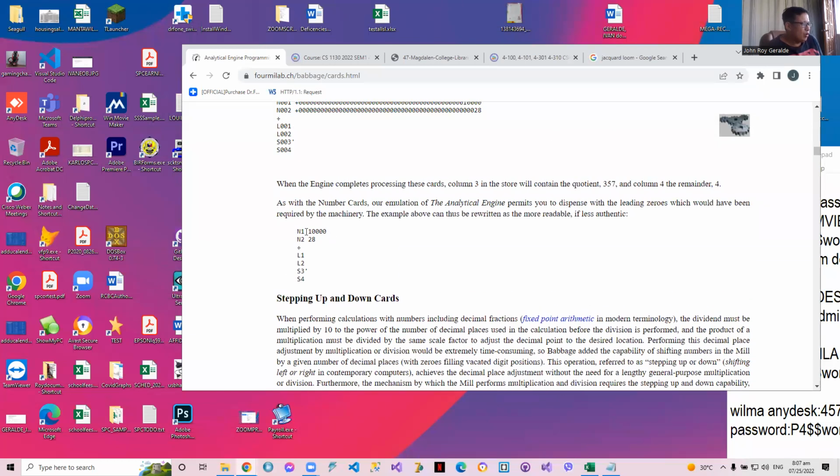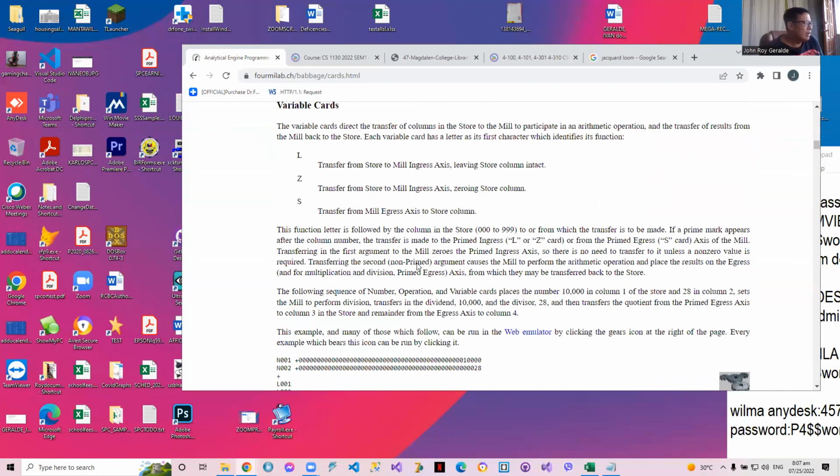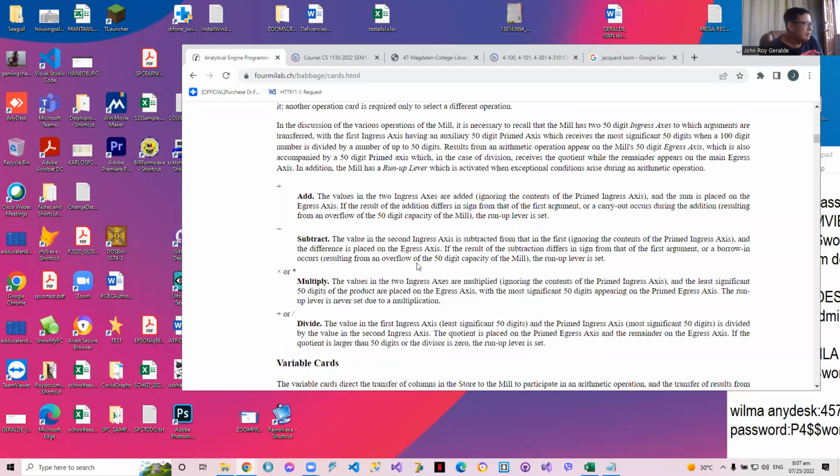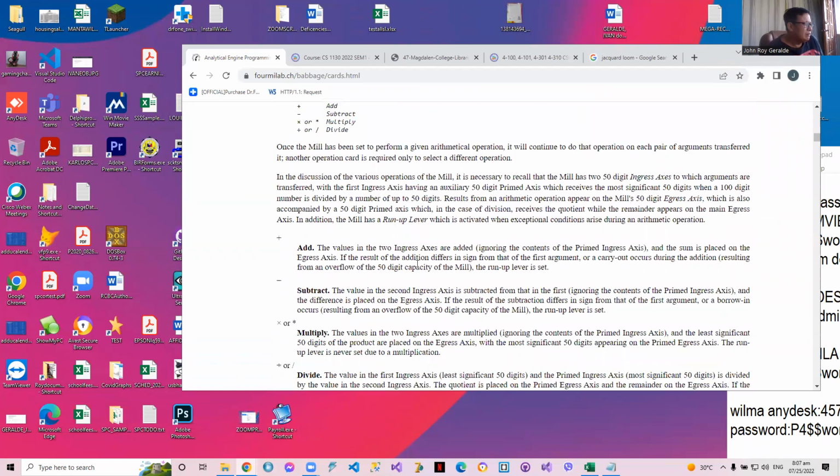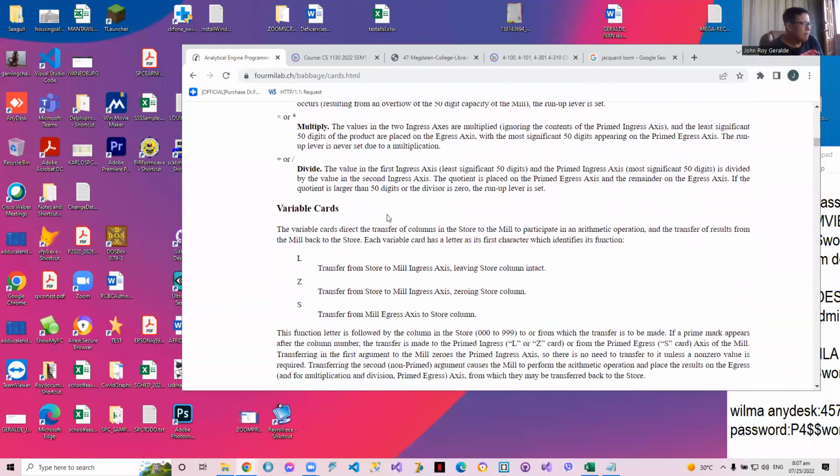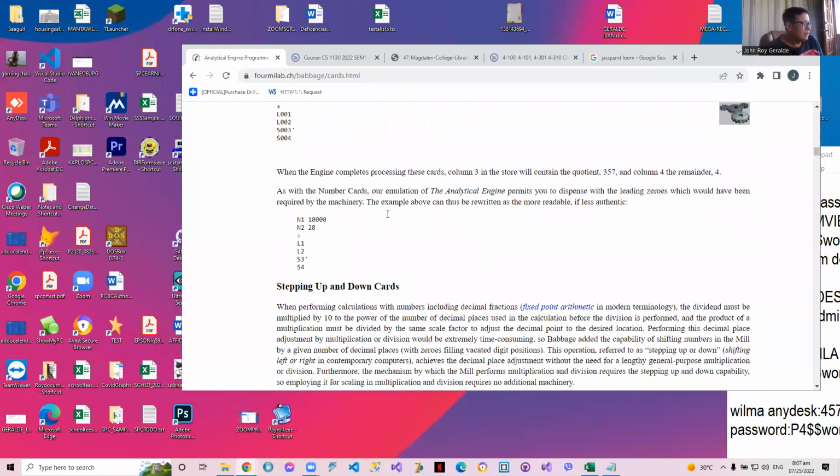When we say N1, 1,000, N2, 28, and then divide, it will automatically divide what was loaded. So N1 will be divided by N2. Right? Okay.